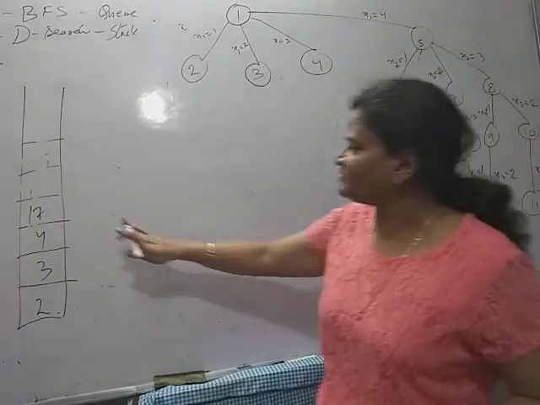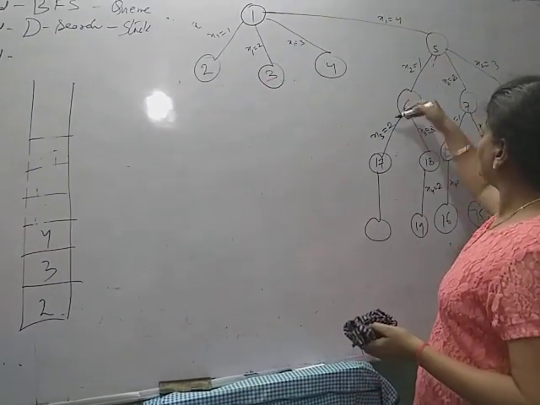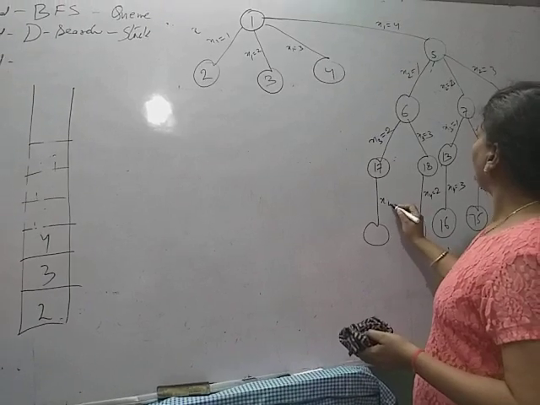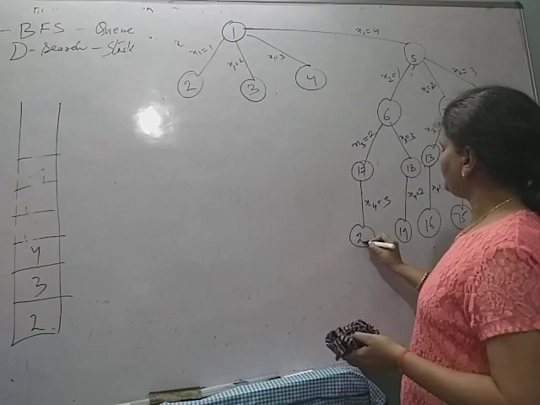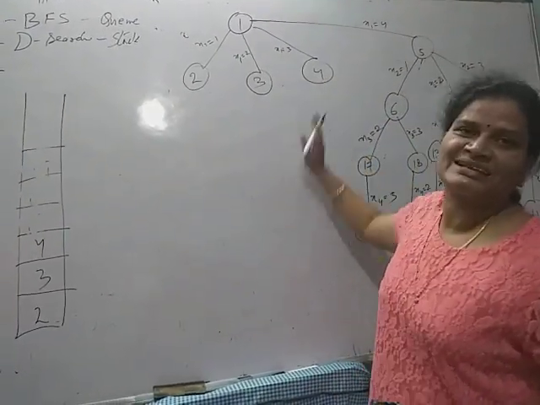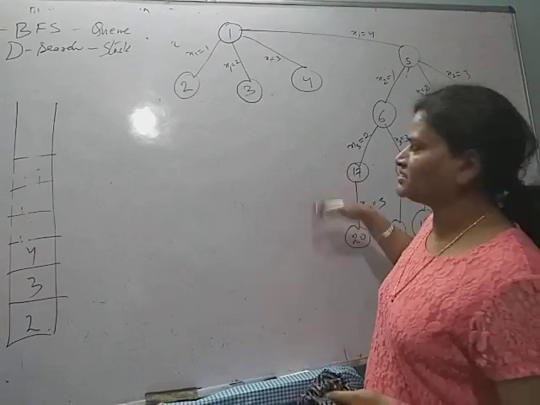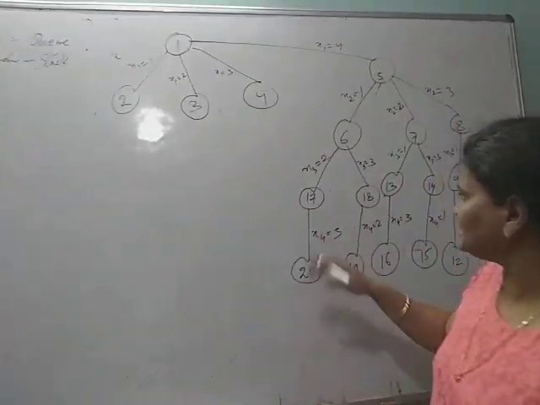Then 17 will become the next E node, with X4 equal to 4, 1, 2, 3: 18, 19, 20. Now this 4 will become the next E node, and so on. So this is how you can draw the state space tree.